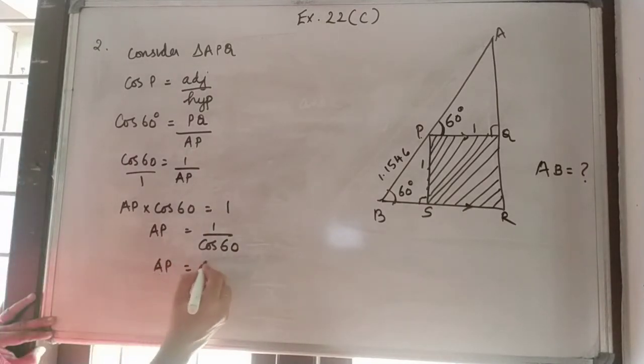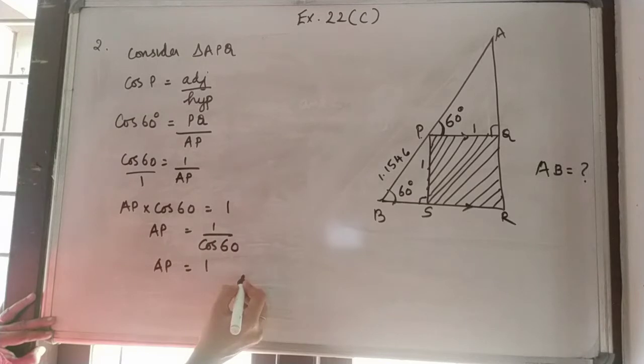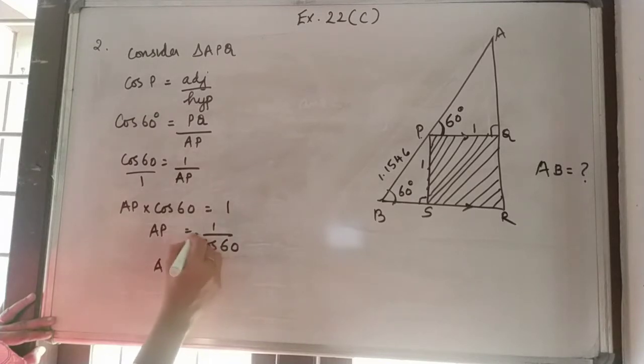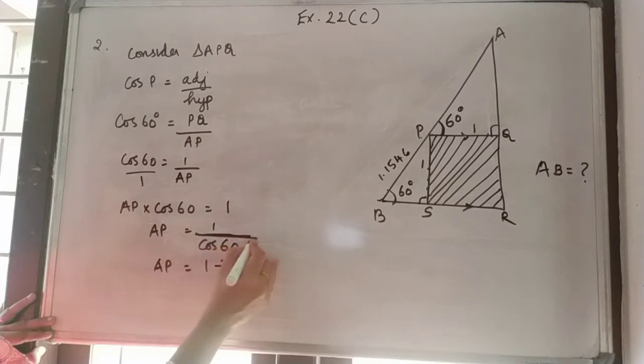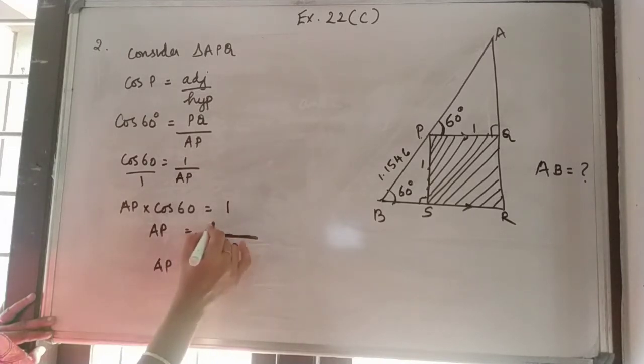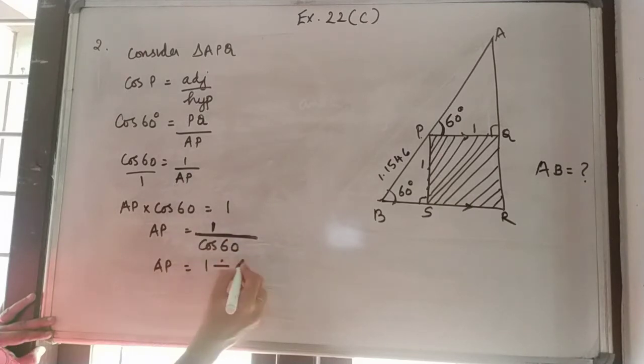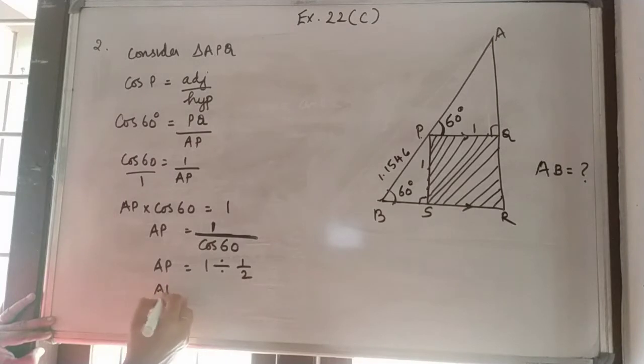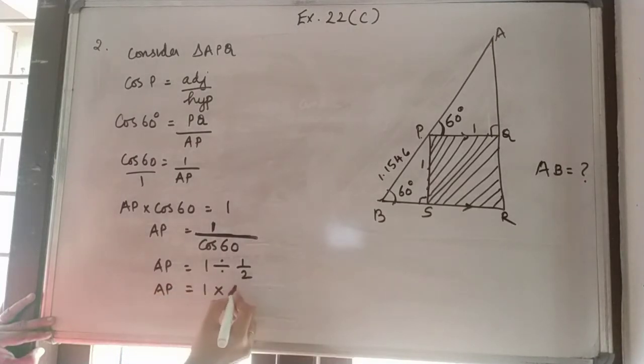So 1 divided by cos 60. I am writing the division symbol instead of this by, to avoid confusion. So 1 divided by cos 60 value is 1 by 2. So how can we calculate AP? Division will become multiplication if we take the reciprocal of 1 by 2 as 2 by 1.